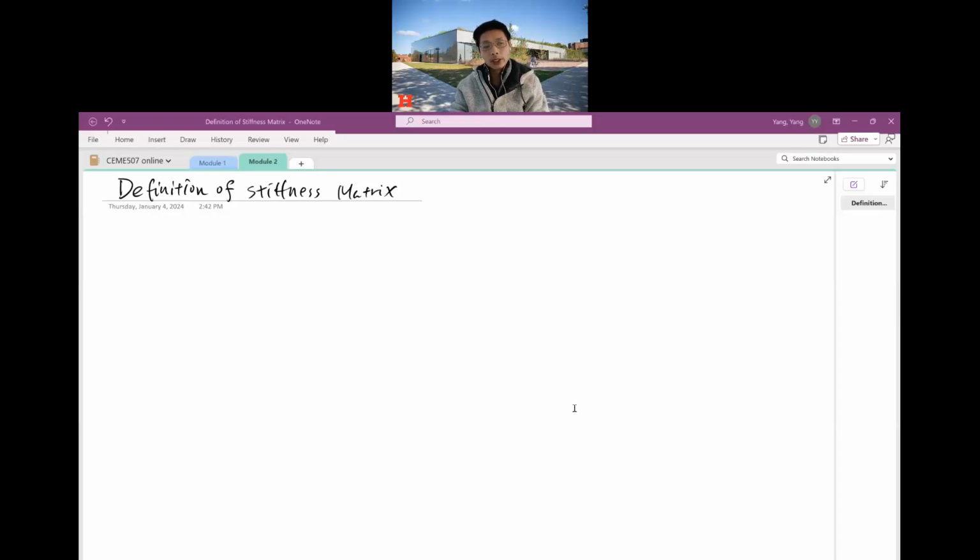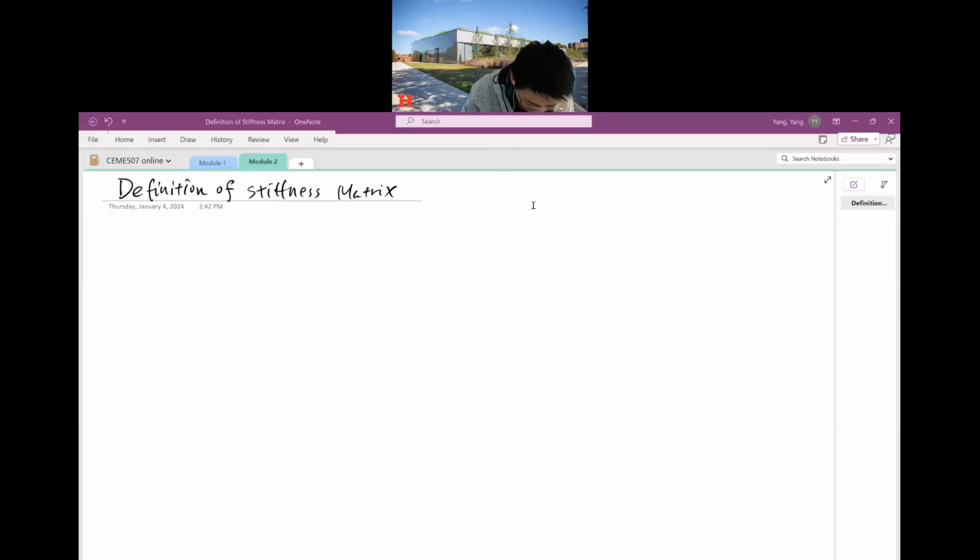as we have already shown in module one, typically when we use the finite element method to solve physical or engineering problems, the first step is to formulate the stiffness matrix for an element, which can be seen as a smaller part of the system that we are investigating.